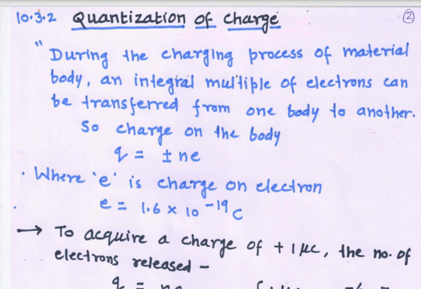So it will be plus 1.6 into 10 raised to minus 19 coulomb. Suppose 5 electrons are removed, then the charge on the body will be 5 into 1.6 into 10 raised to minus 19 coulomb. Suppose 10,000 electrons are removed, then the charge will be 10,000 times 1.6 into 10 raised to minus 19, that is 10,000 times the electronic charge.